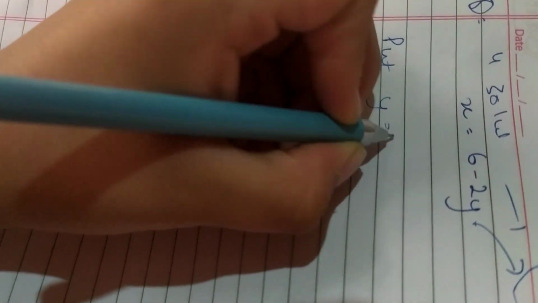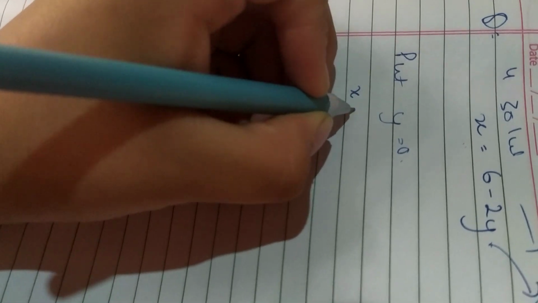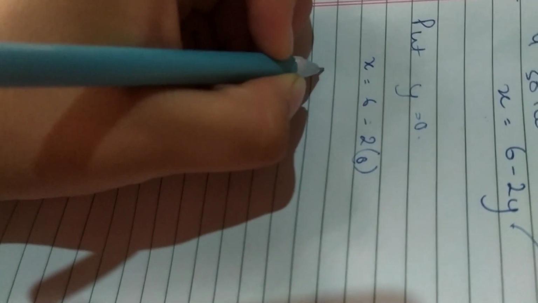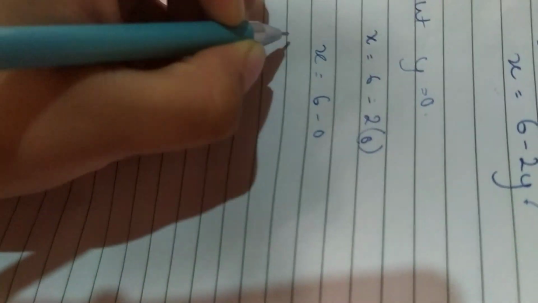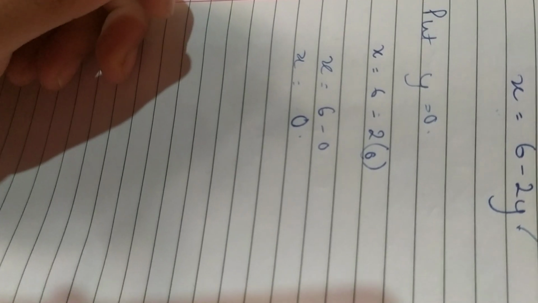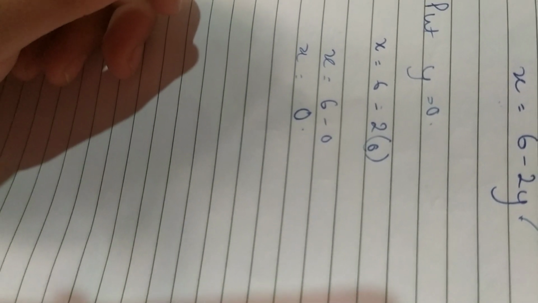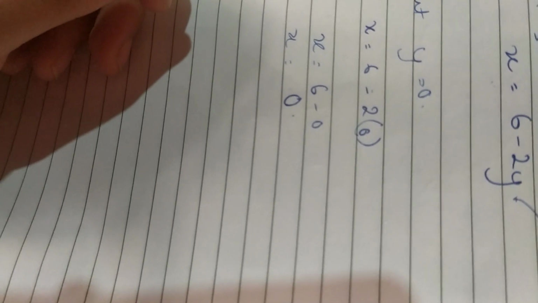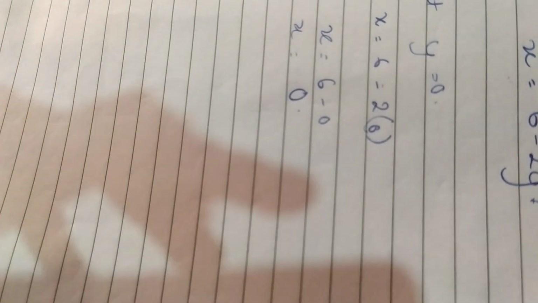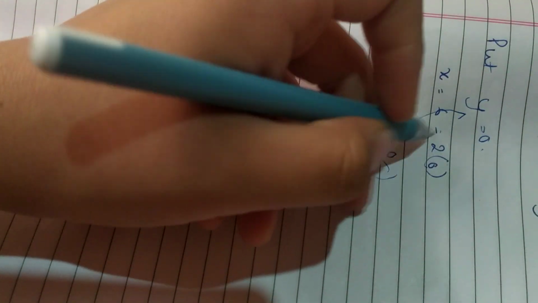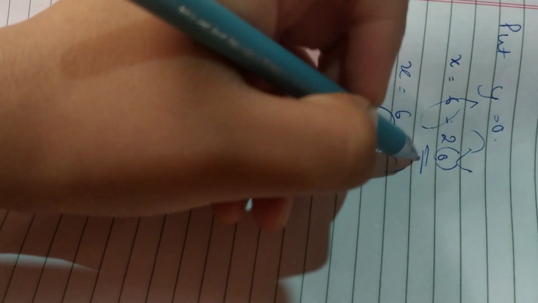So let me put y equals to 0 in this equation. X equals to 6 minus 2, y is here in multiplication to 2, x equals to 6 minus 0. X equals to 6. Y here 0, you will be asking your mind why here 0, because any number multiplied to 0 is always 0.